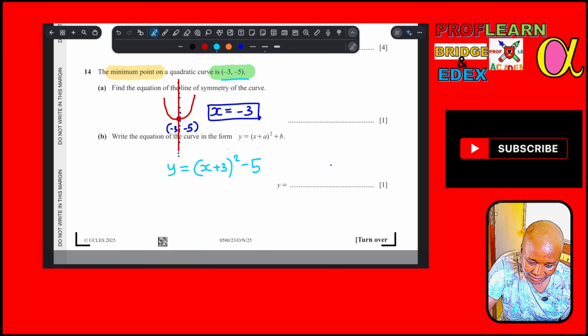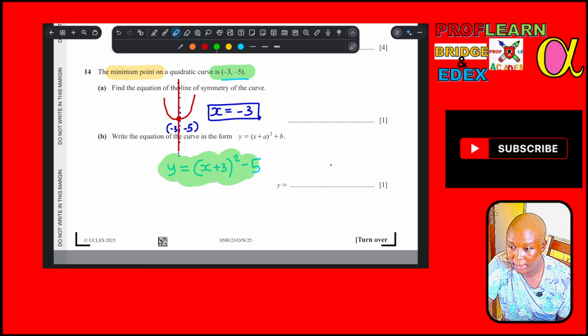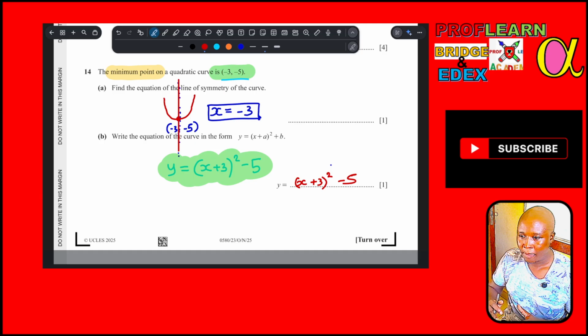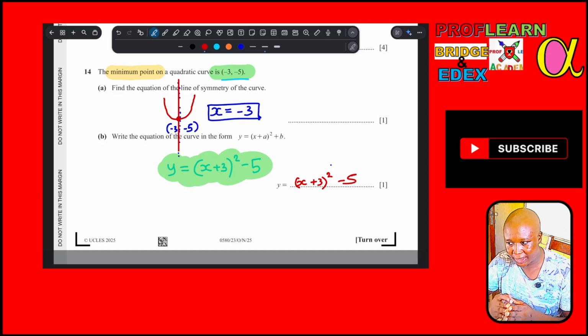So that is exactly what we are supposed to do in this question so that we could earn those marks. So the equation the candidate was supposed to write was (x + 3) raised to power 2 minus 5. And in this way, it will get all the marks.